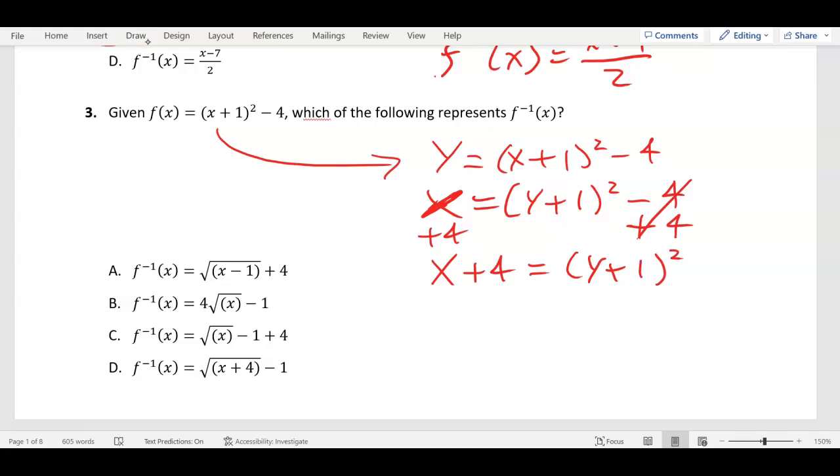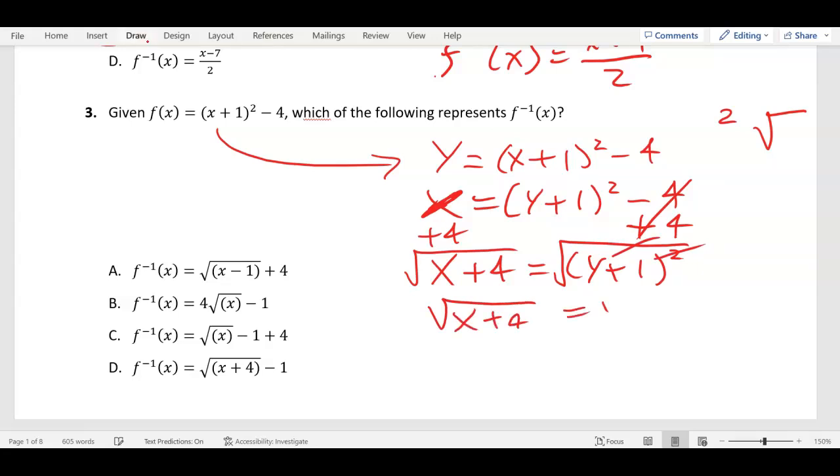Now, the next step, before I can get inside that parentheses, I need to get rid of that square. And the opposite of square is square root. So I'm going to square root all this. Cancels on the right. Now I have square root of x plus 4 equals y plus 1. And my last step is to get rid of that loner plus 1. I'm going to subtract 1.